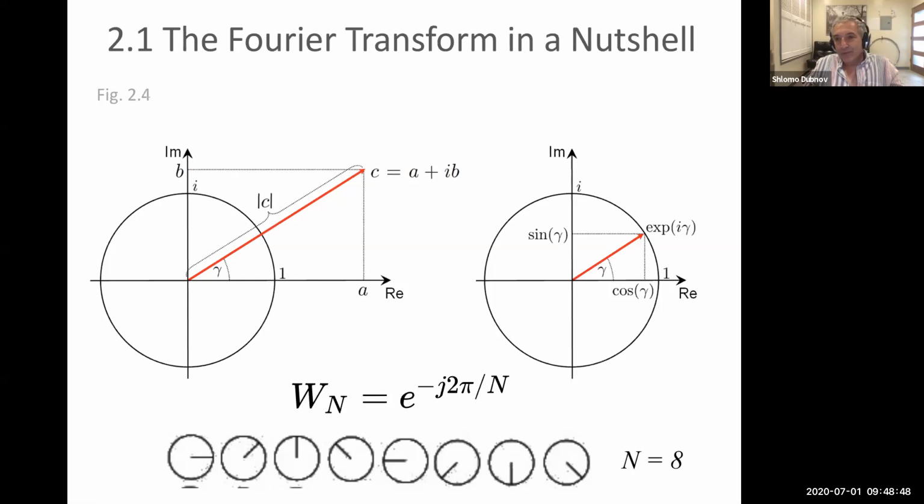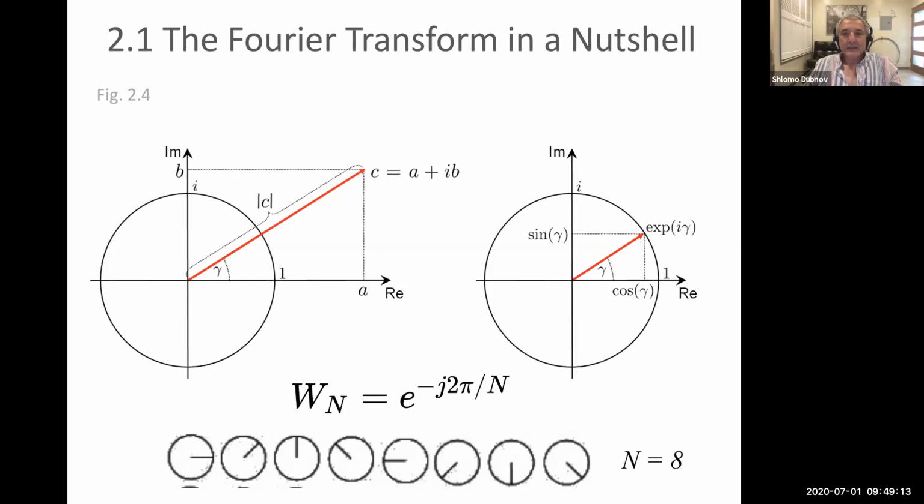If you want to prove why the exponent with a complex number in the power is cosine plus the imaginary of a sine, I think the best way to try to prove this is to look up the Taylor series expansion of an exponent, of a sine and cosine, and you see that they combine together.